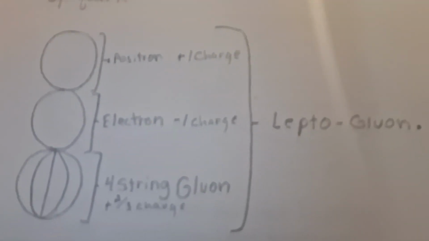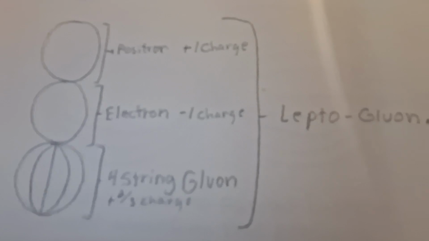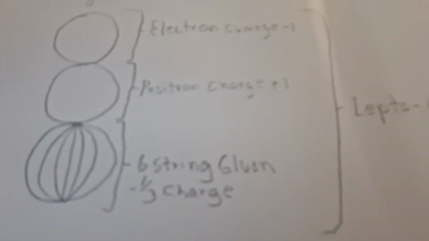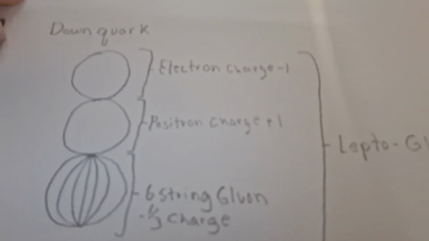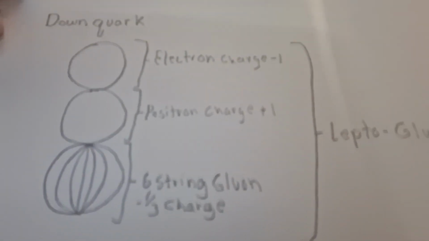This is the up quark. This is the down quark. And beta decay is the reason an electron escapes annihilation.